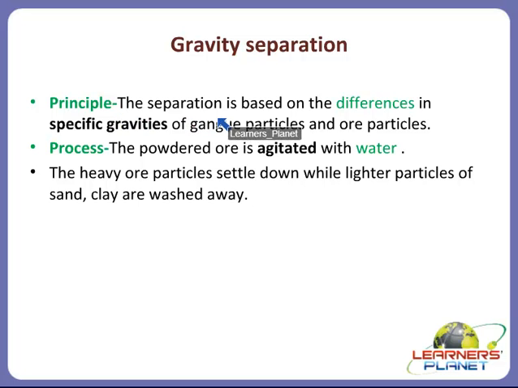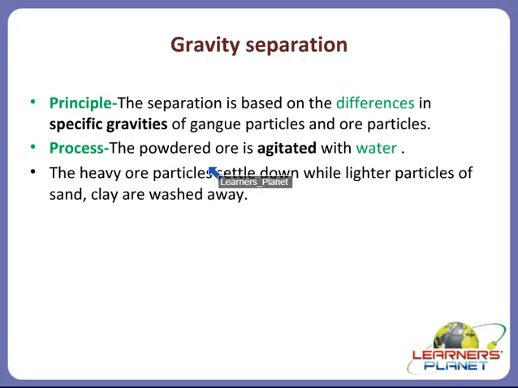The separation is based on the differences in specific gravities of gangue particles and ore particles. So what will happen? The particles like your soil or pebbles will have less weight or less specific gravity.